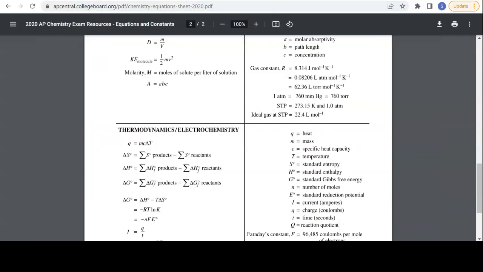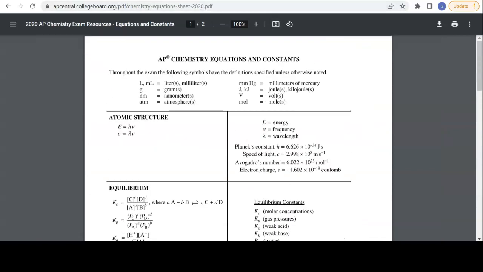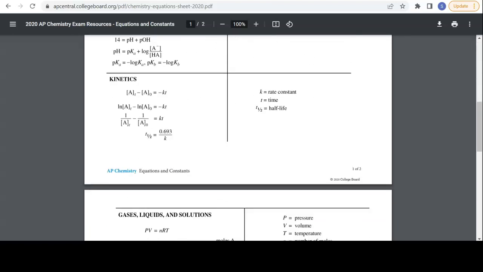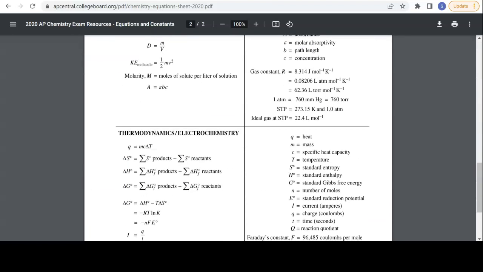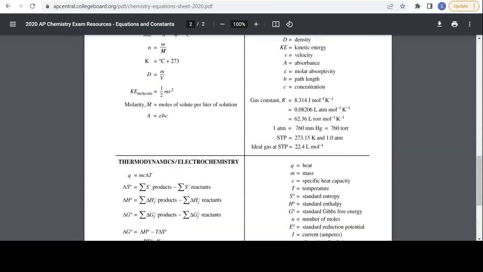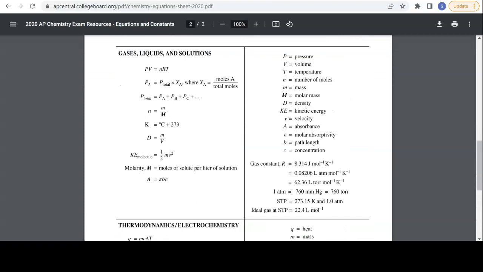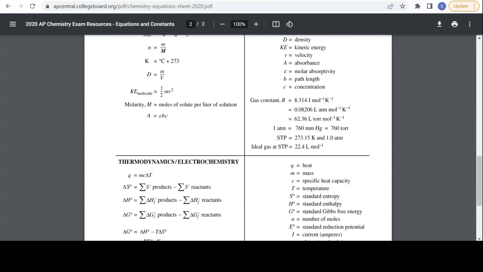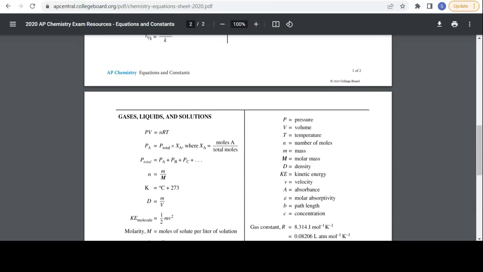And then here's the equation sheet, and really it's two sheets. So again, you'll just want to definitely make sure that you've taken a look at this to know what constants are going to be provided, what equations are going to be provided, things of that nature, just so you know what you need to memorize and what you don't, and you're not expecting to be provided something that turns out is not provided.